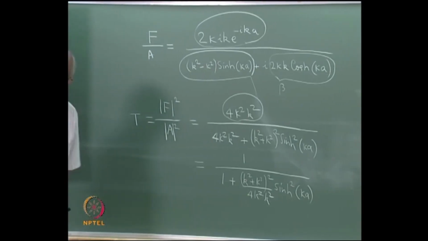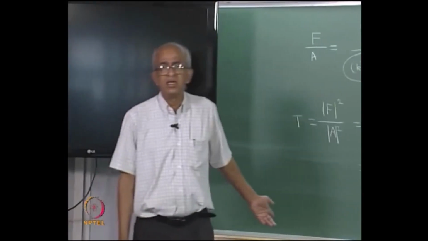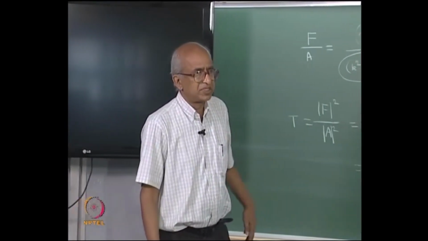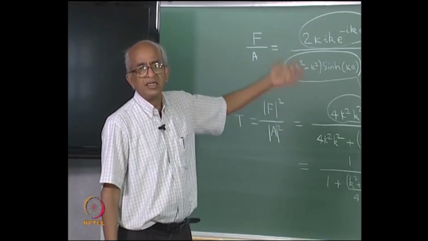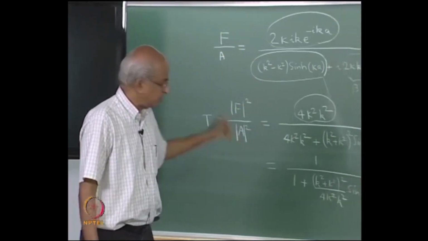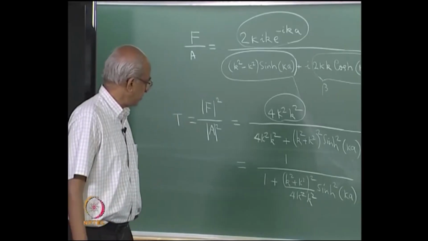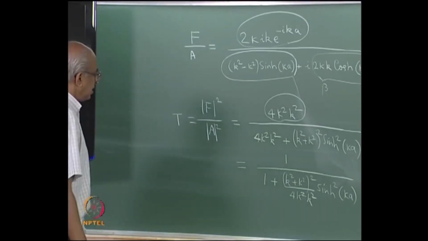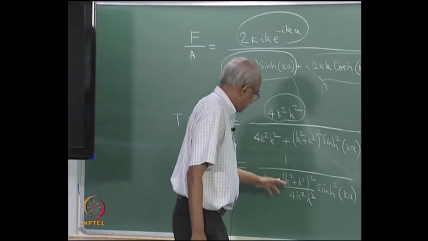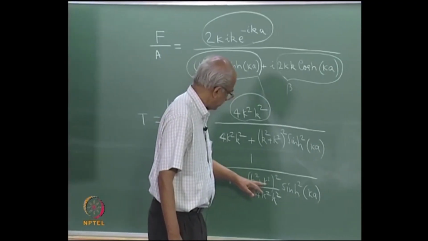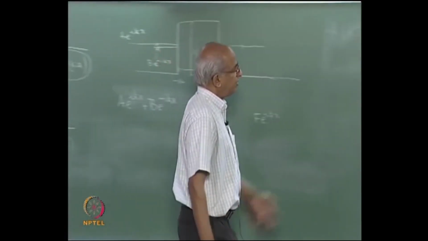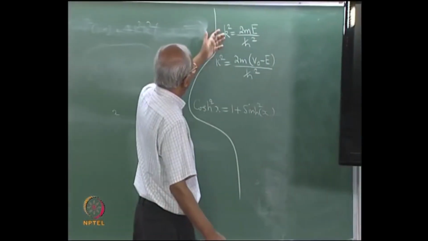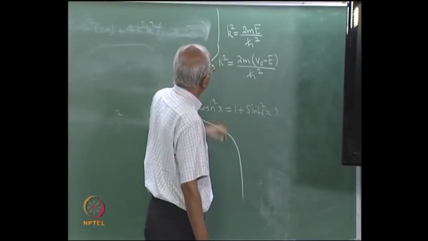So, this is our final expression for the transmission coefficient, or in the case where the energy of the particle is less than the barrier height, we usually refer to this as the tunneling probability. And now if you like, we can actually substitute the expressions for k square and kappa square. Let us do that. I have the expression for k square, I also have the expression for kappa square.